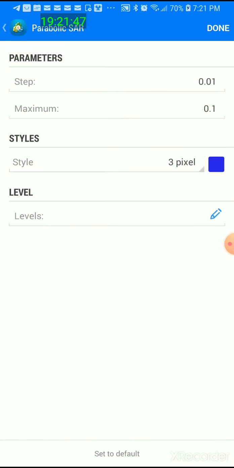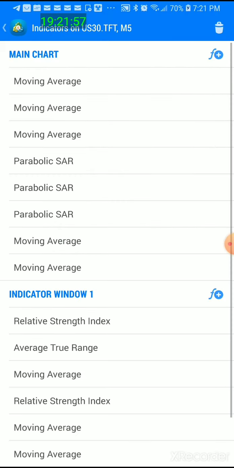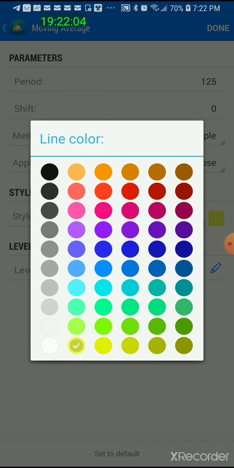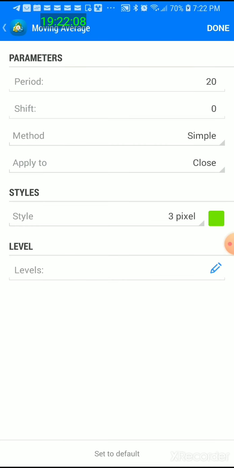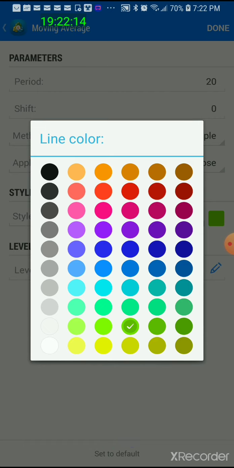And then for the third SAR, I have the step on 0.01, max on 0.1, style on this version of blue. Then I have my 125 simple, posted as yellow. And then finally, for the main chart, my 20 simple moving average, applied to close, and it's green right there.